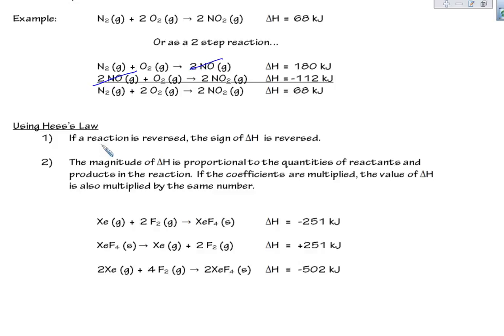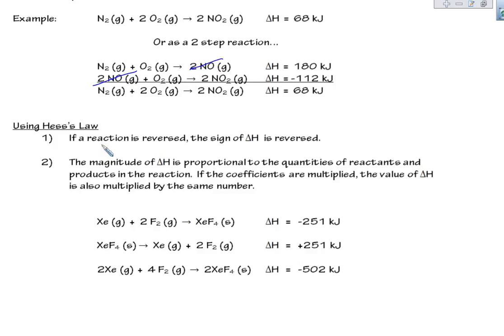The other option: the magnitude of delta H is proportional to the quantities of reactants and products in the reaction. If by chance the coefficients need to be multiplied, so maybe I have an intermediate step like this first one, xenon plus 2 fluorine forming xenon tetrafluoride.